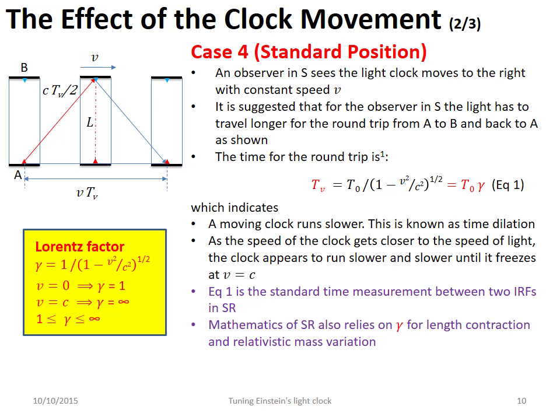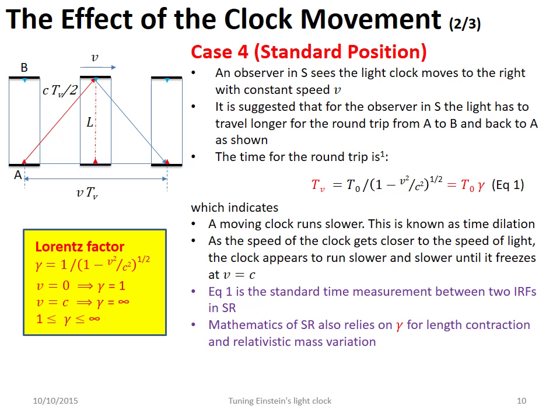Gamma is the Lorentz factor, and it is 1 divided by the square root of 1 minus v squared divided by c squared. This indicates a moving clock runs slower. This is known as time dilation.